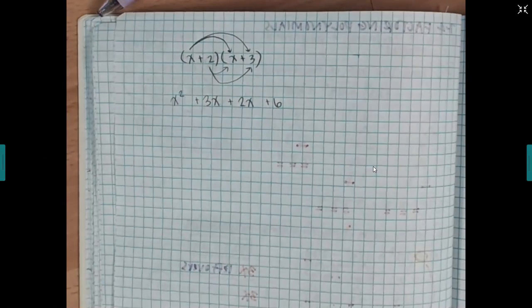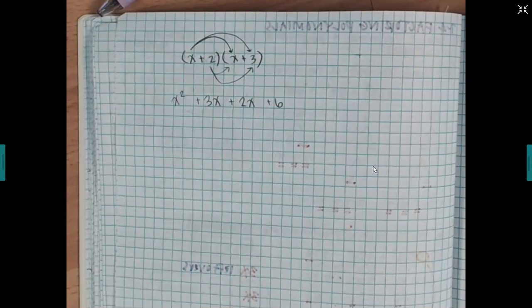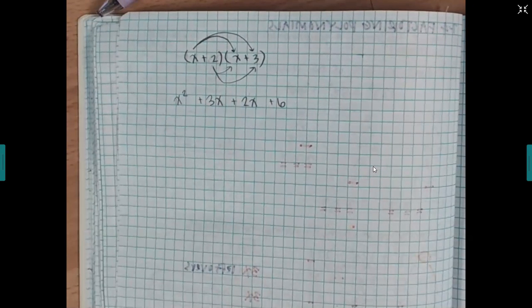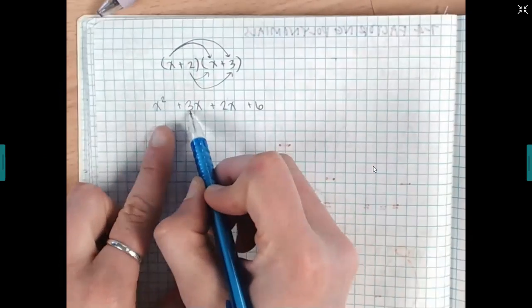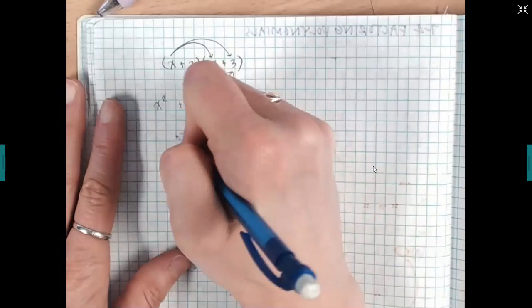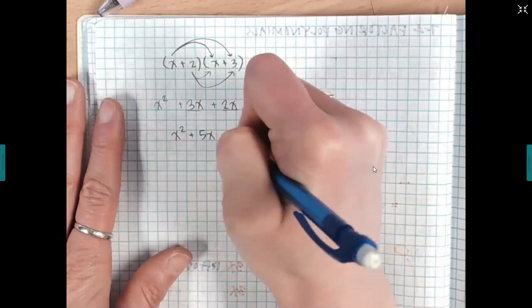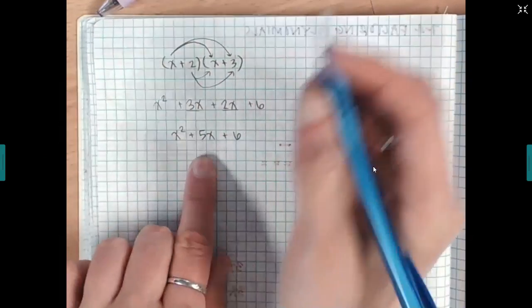When I simplify this, I want to simplify it into this ax squared plus bx plus c form, so I have to combine these like terms. So I get x squared plus 5x plus 6.